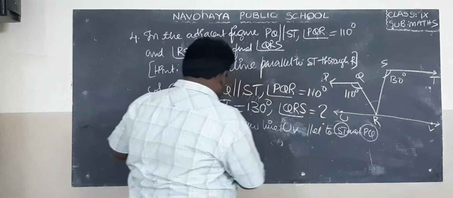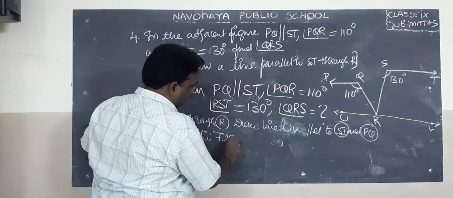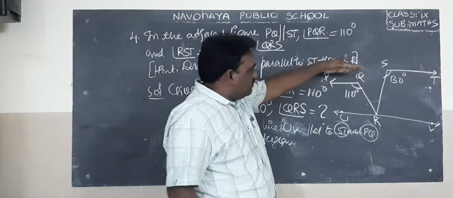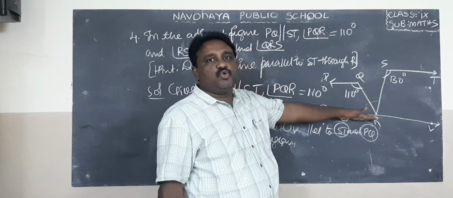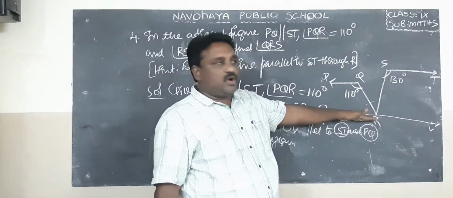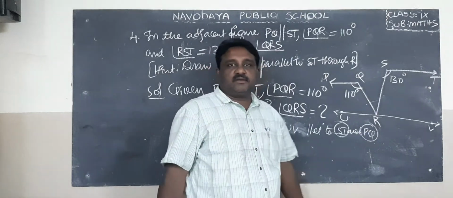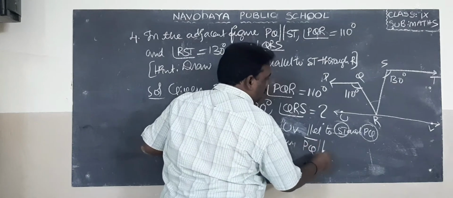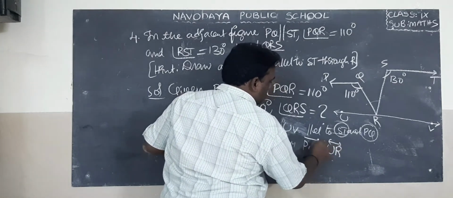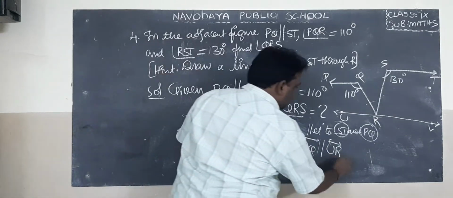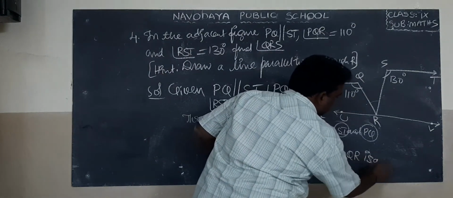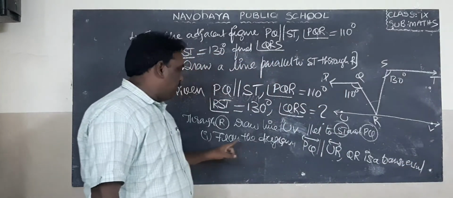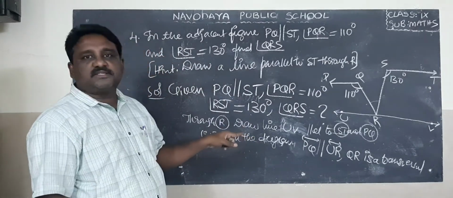Now see the diagram. Solution, first part. From the diagram, PQ is parallel to UR, and QR is a transversal.